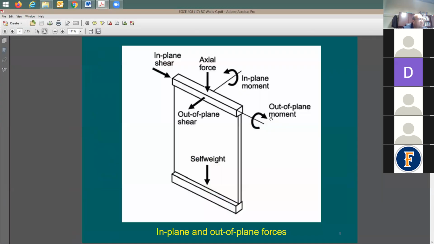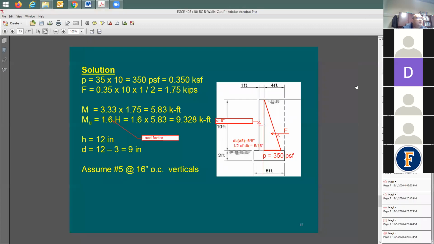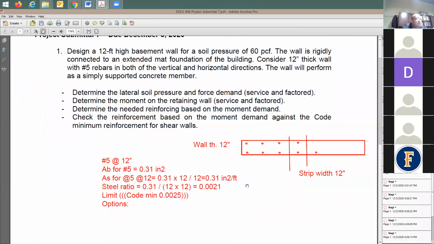I'm going to say it is mentioned here. Look at this. For walls with h greater than 10 inch, except basement walls and cantilever retaining walls, distributed reinforcement is given 2 layers. So you can say, well, I have here 2 options, right?